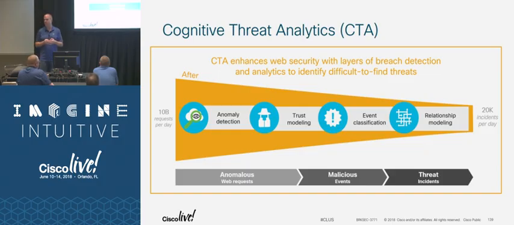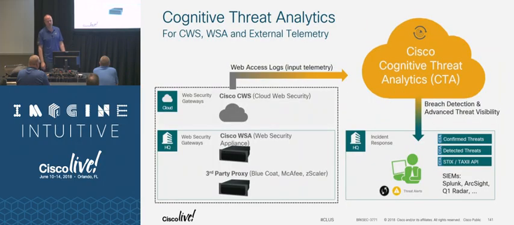So it takes all those and boils it down into actionable items using a lot of different detection models. So you basically take your logs from either a WSA, a third-party proxy, or even CWS, throw them into the CTA engine, and it gives you actionable results out of it.